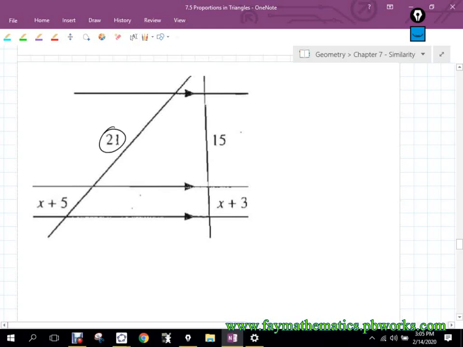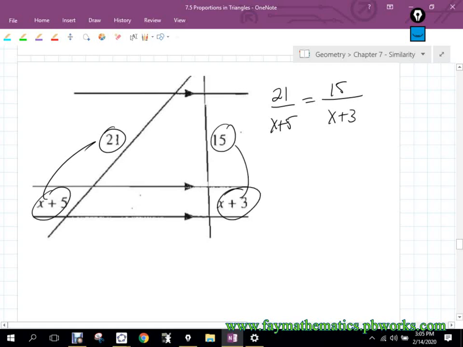What can I compare 21 to? x plus 5. So I could take these two distances and compare them. Then what should the other ratio look like? 15 over x plus 3. That's perfectly fine. Does that make sense, everybody? That's usually the number one way people do these.